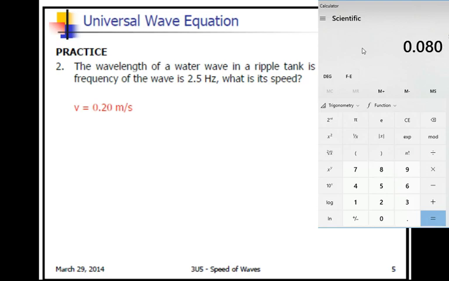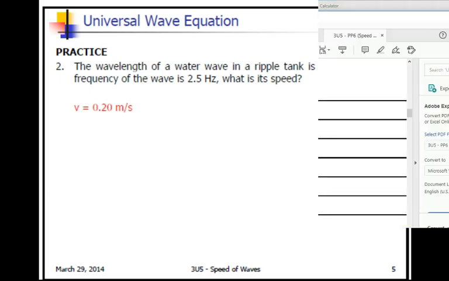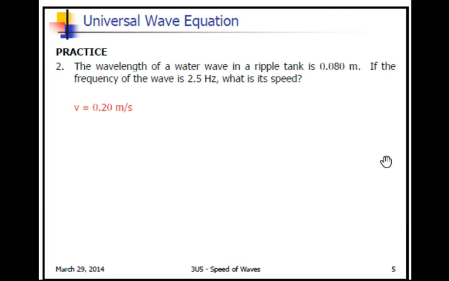That is our wavelength, and v equals f times lambda. So this is our lambda. We just have to multiply it by our f, which is 2.5. So we get 0.20 meters per second. That's just the v equals f lambda version of our universal wave equation.